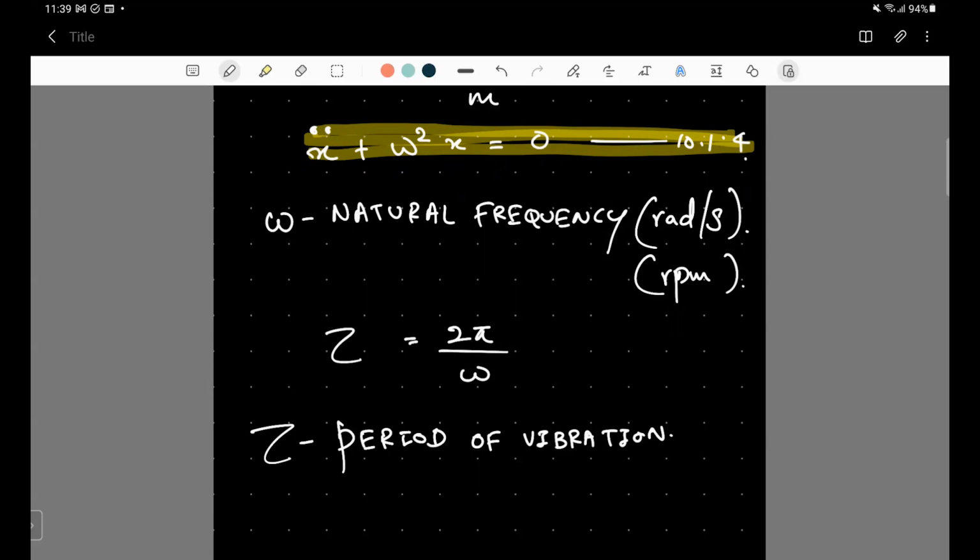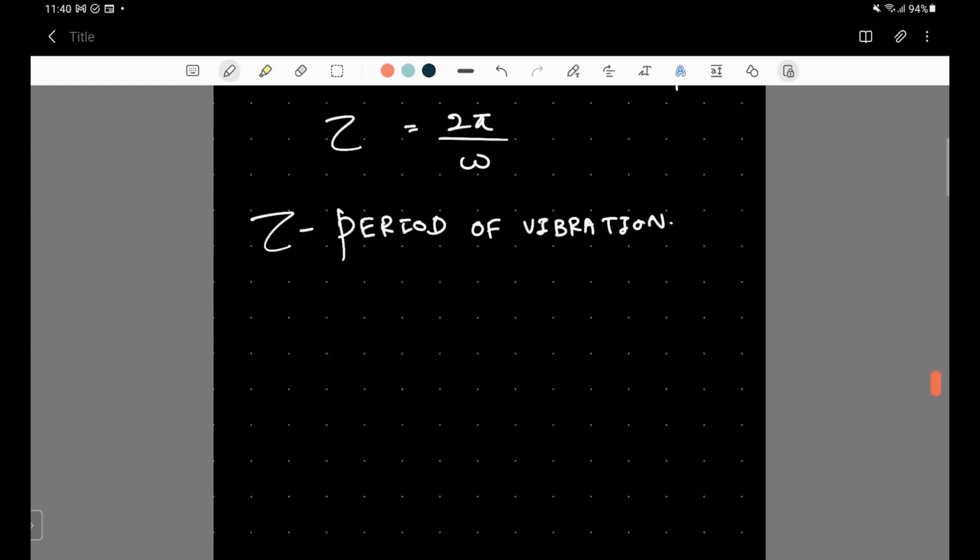So keeping this aside, since we already have some background information, we can focus on the derivation of the bar element equations, section 10.2.